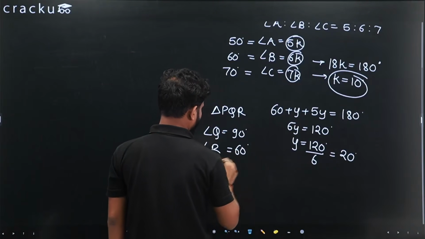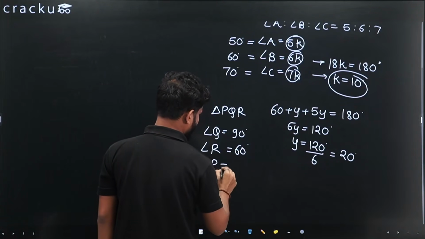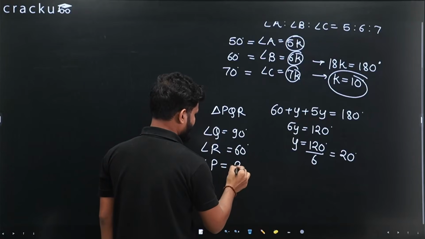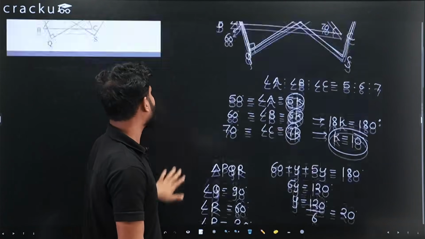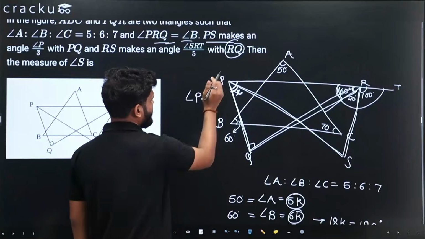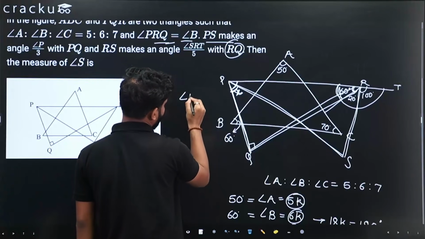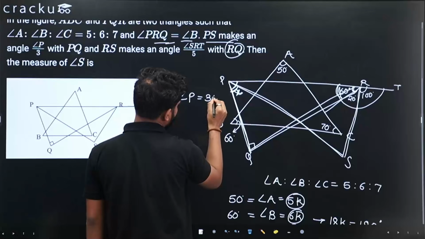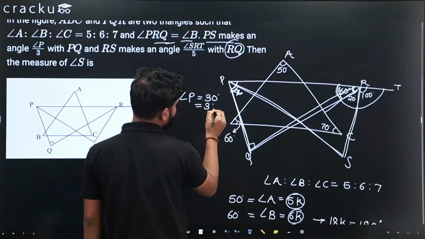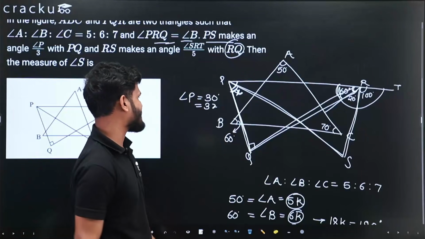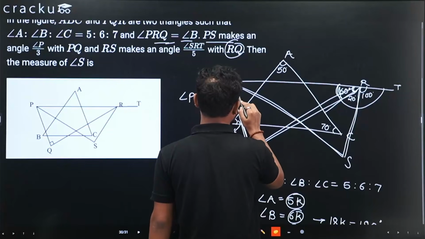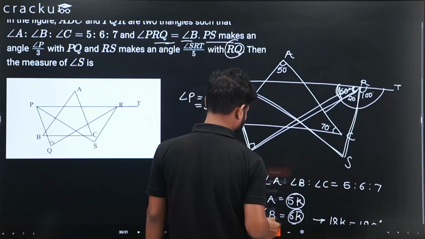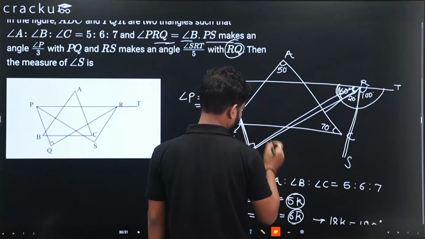So what will be angle P? Angle P is the remaining angle, which will be 30 degree. So 30 plus 60 plus 90 will be 180. Hence angle P will be 30 degree. And this was equal to 3x. So what will be the small angle x? If 3x is 30, x will be equal to 10 degree. Right?